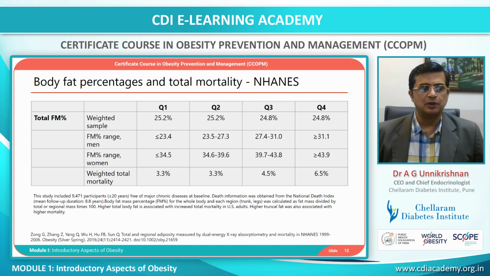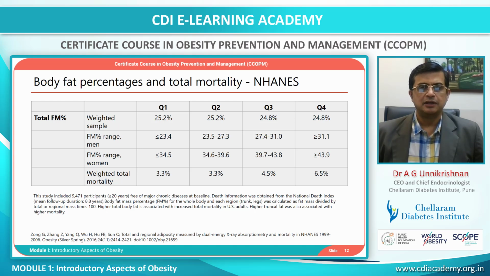This is a study that included 9,471 participants aged 20 years or more, and they were free of major chronic diseases at baseline. Information was obtained from the National Death Index, with a mean follow-up duration of 8.8 years. The body fat mass percentage for the whole body and each region was calculated, as the fat mass divided by the total or regional mass times 100.